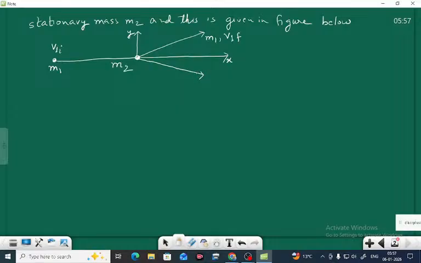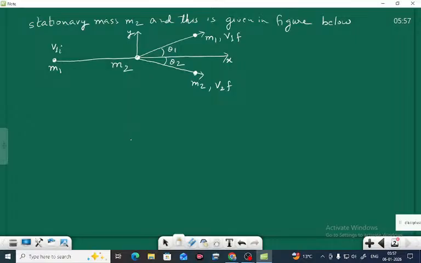This is M2, and the velocity will be v2 f, meaning final. Suppose this is angle theta 1 with the x direction, and this is theta 2 with the x direction.